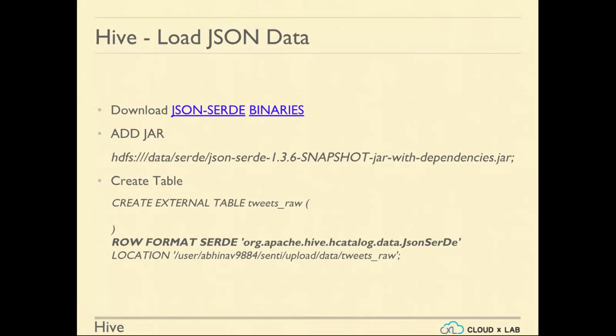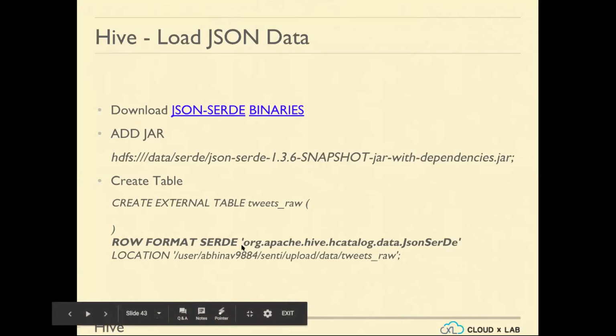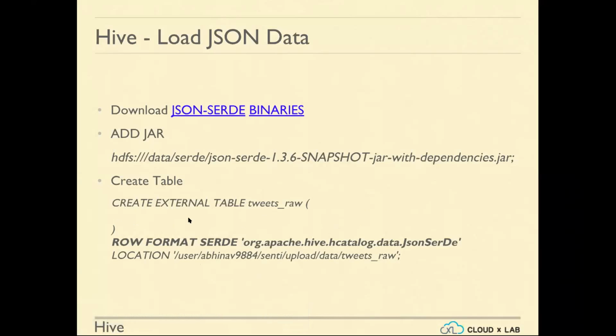So while we execute a select query on this table, this piece of logic is going to be executed on the raw data and convert it into the table. JSON is the standard JSON format, and this is the example that you'll see in the sample project which we have given you.